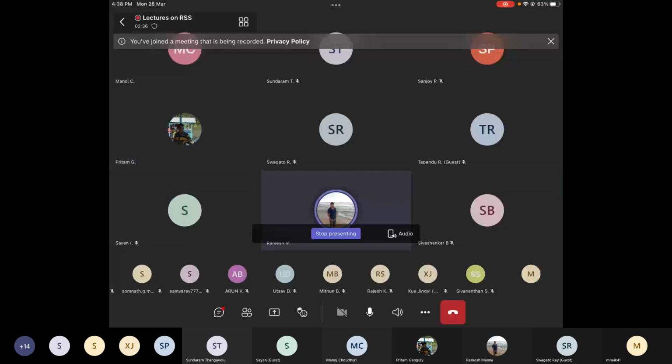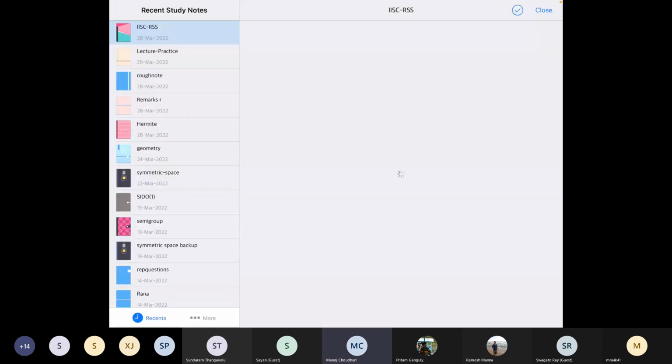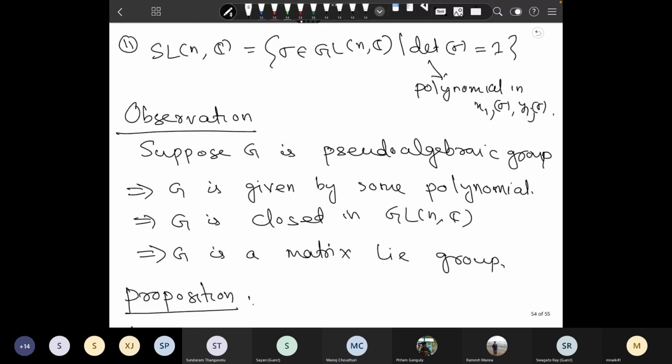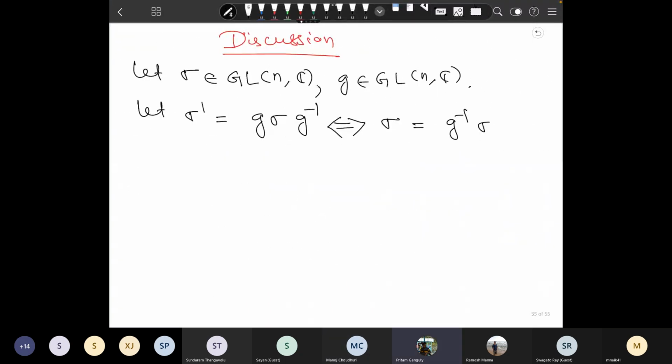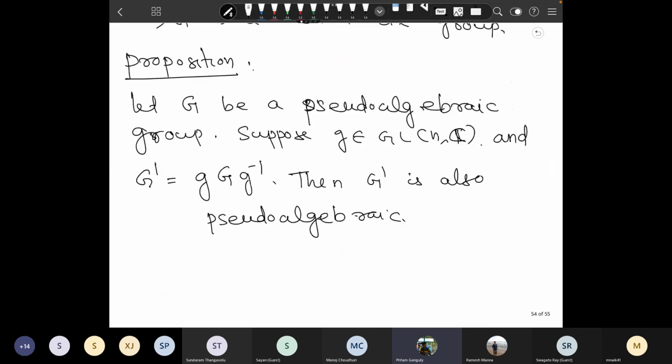Okay. So will I leave this proposition as an exercise? Yeah, you can leave it as an exercise. Is there anybody who wants this proof?